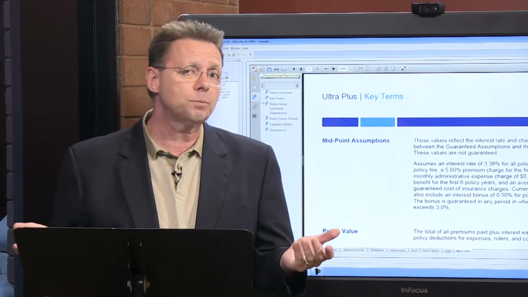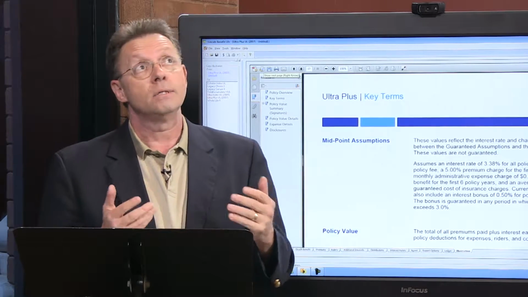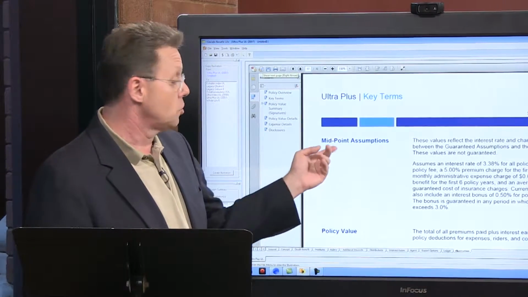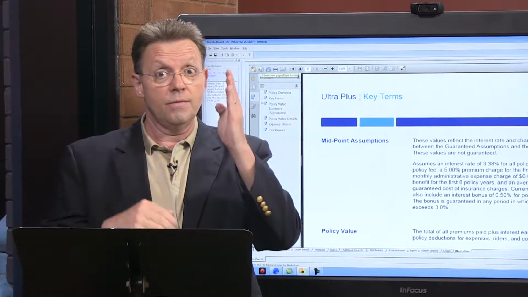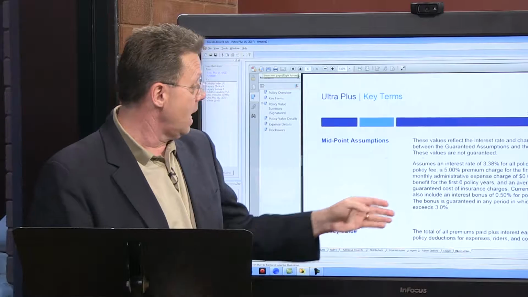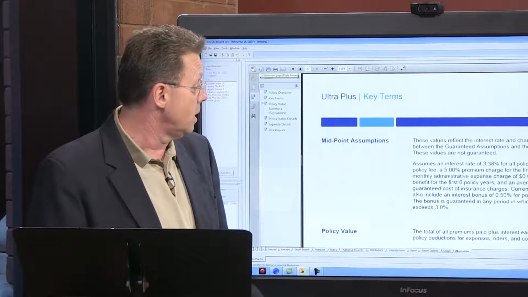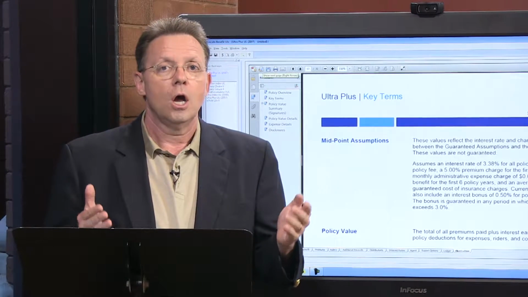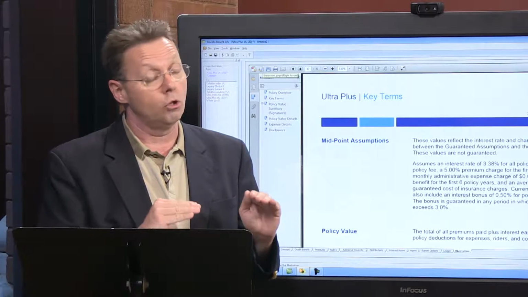So if I'm showing 6% in my current assumption UL, although probably nobody's doing that right now, the top rate might be 5.475 on current assumption. So you may want to show a 4.75 or 5% current assumption, then a 4% midpoint, and then a low bottom line for interest rate might be 3%. You want to test under certain conditions. How will this perform? We've been at the floor, in a low interest rate environment for a long time.